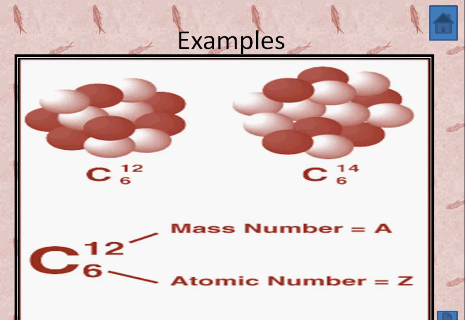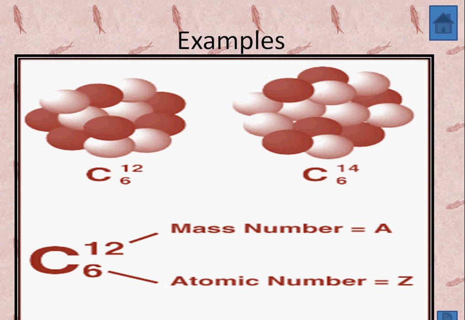So here is the carbon atom, carbon element with the 12 atomic mass. 6 is the atomic number. We have two isotopes here. We call it C12 and C14.